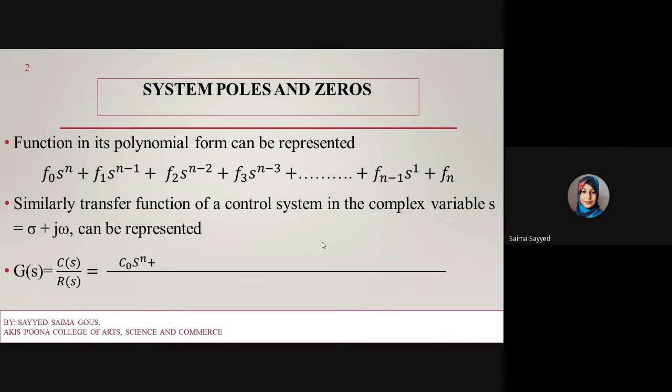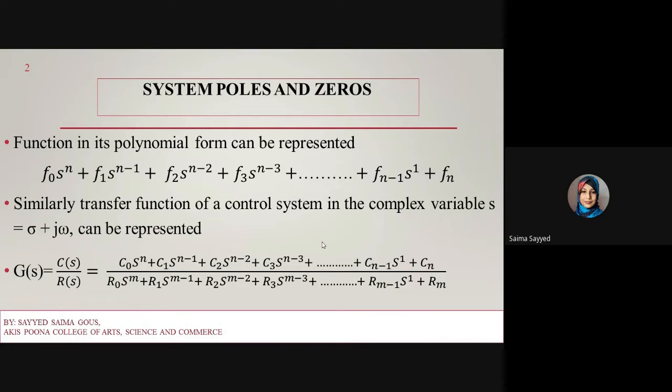So it will be equal to c0 s raised to n plus c1 s raised to n minus 1 plus c2 s raised to n minus 2 plus c3 s raised to n minus 3, up to c n minus 1 s raised to 1 plus c n, divided by r0 s raised to m plus r1 s raised to m minus 1 plus r2 s raised to m minus 2 plus r3 s raised to m minus 3, up to r m minus 1 s raised to 1 plus r m.